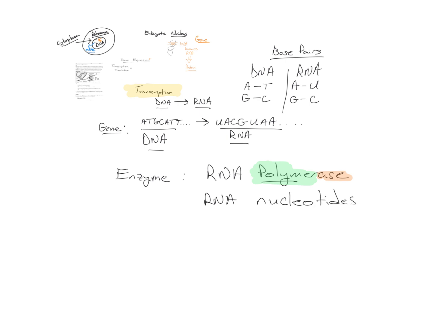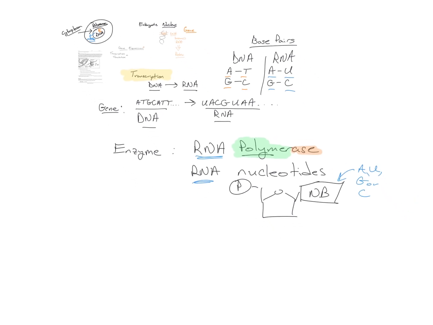In case you forgot, RNA has a ribose sugar, ribose, not deoxy. A nucleotide has a phosphate on it and has a nitrogenous base. The nitrogenous base is either A, T, G, or C if it's DNA, but in RNA, it's either going to be A, U, G, or C. That's what goes here.